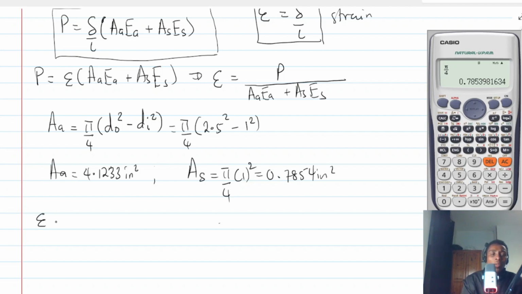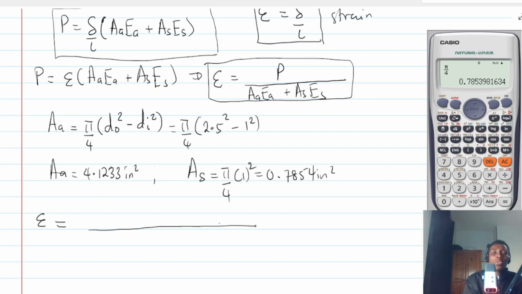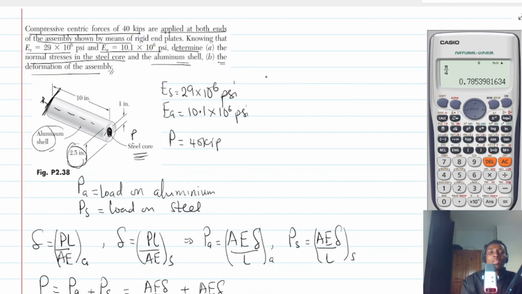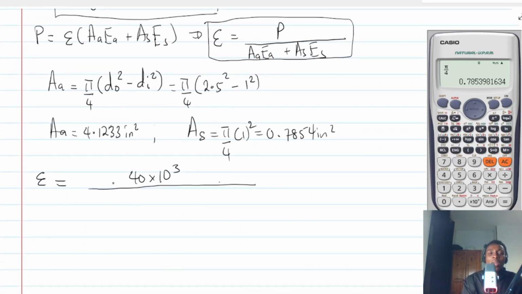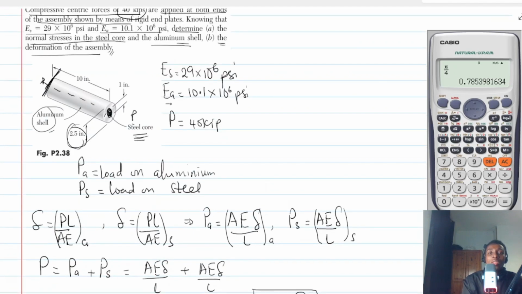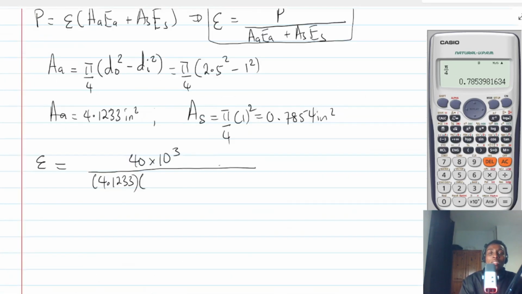All right, so we have AA and AS, and we also know the Young's modulus. So the total strain, using this formula we have developed here, will be what? The load, which was given as 40 KIPS, divided by the area, which is 4.1233, multiplied by the Young's modulus of aluminum, which is 10.1 times 10 to the power 6.